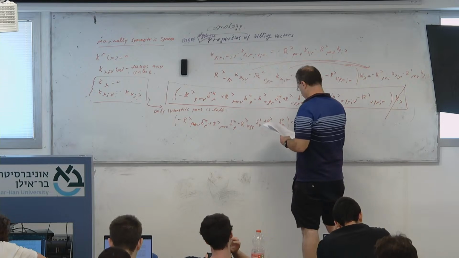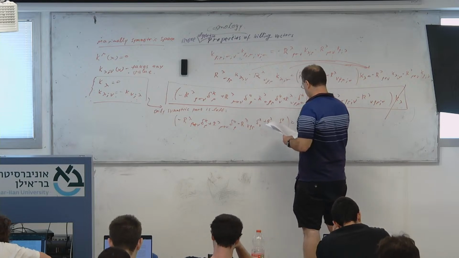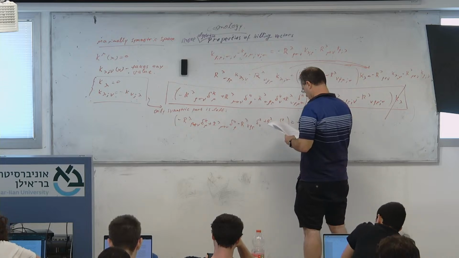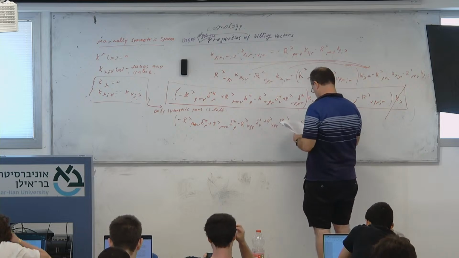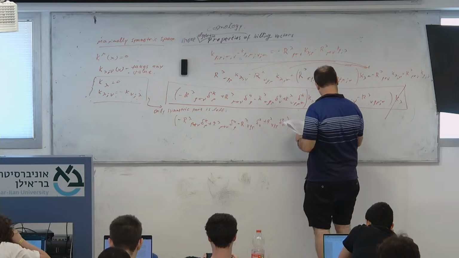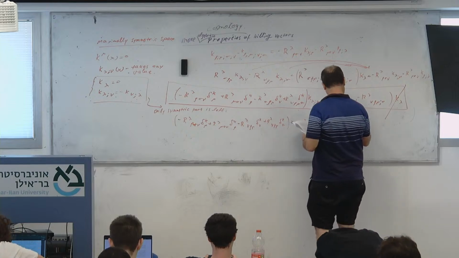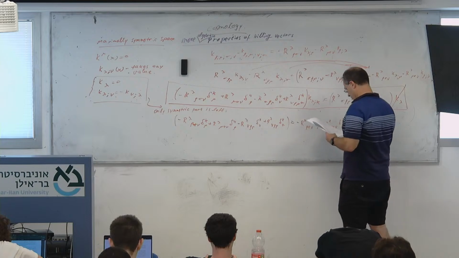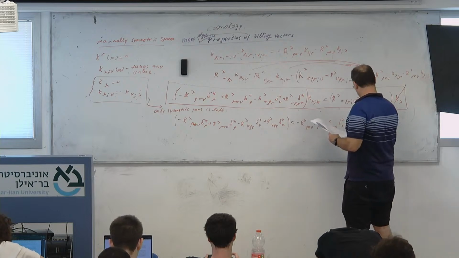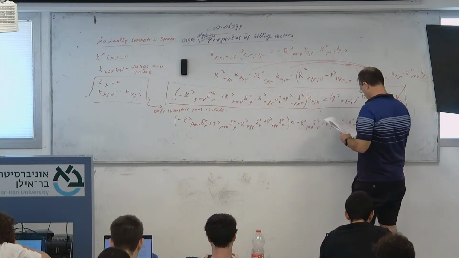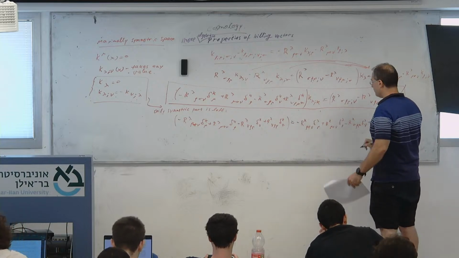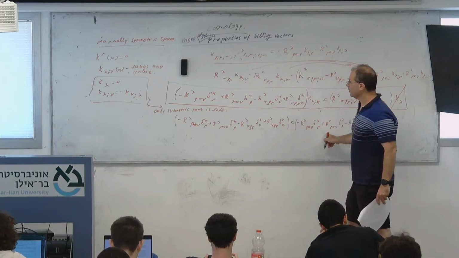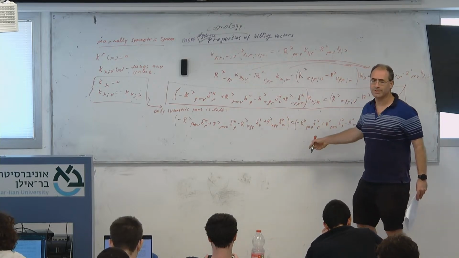So it's minus r kappa rho sigma nu delta lambda mu plus r kappa mu sigma nu delta lambda rho minus r kappa sigma rho mu delta lambda nu plus r kappa nu rho mu delta lambda sigma. This just means that all the antisymmetric part has to vanish.